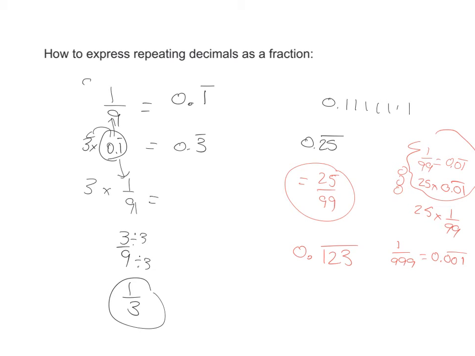So therefore, what we can do here is multiply 0.001 repeating times 123. That'll give us our answer. And this is just equal to 1 over 999 times 123. So the answer is 123 over 999.